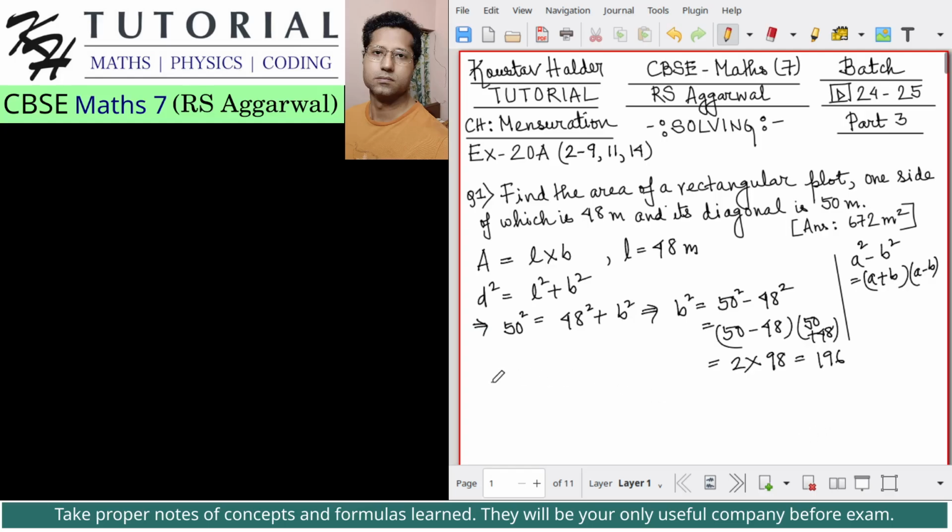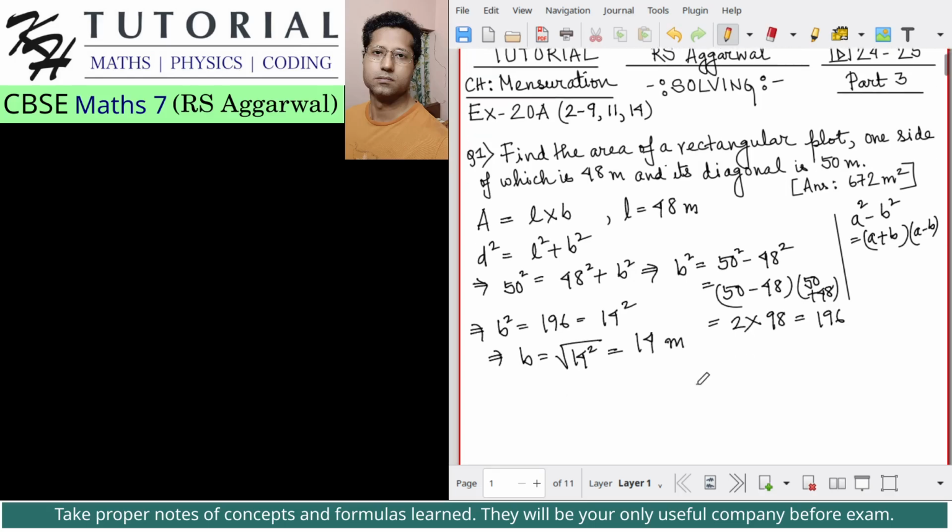So B square is equal to 196, and 196 we know is 14 square. So this implies B is equal to square root of 14 square, which is equal to 14. So B is 14 meter.